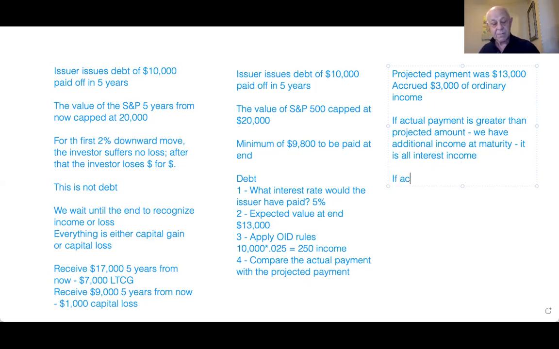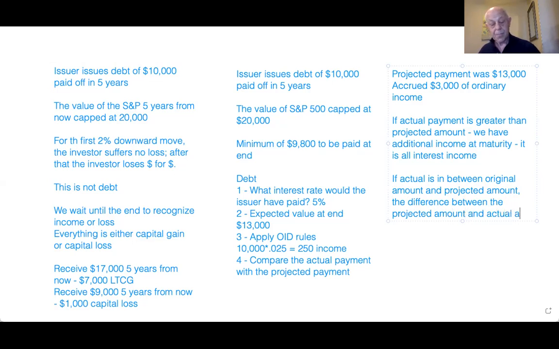So if actual is in between original amount and projected amount, the difference between the projected amount and actual amount can be taken as an ordinary deduction.